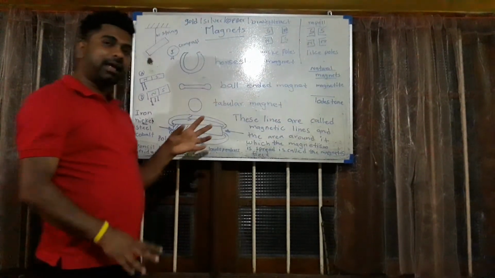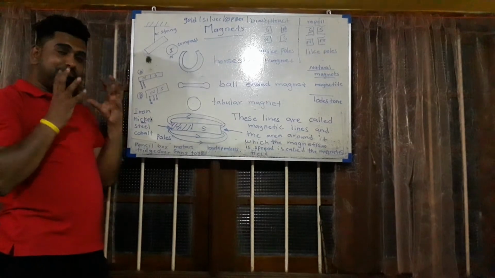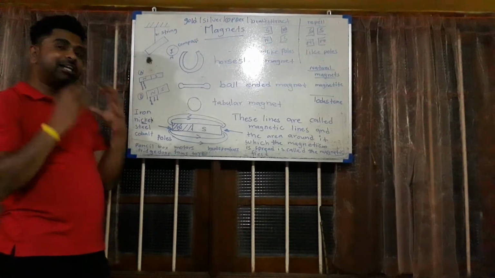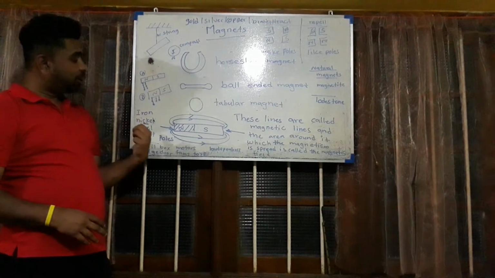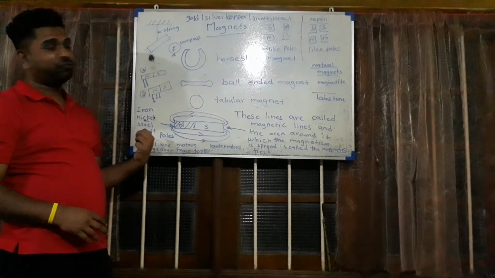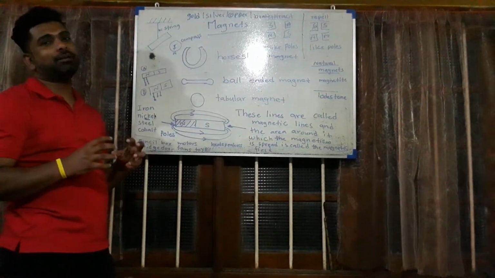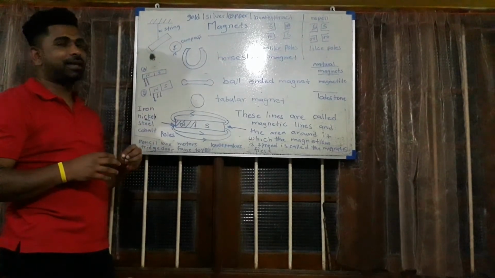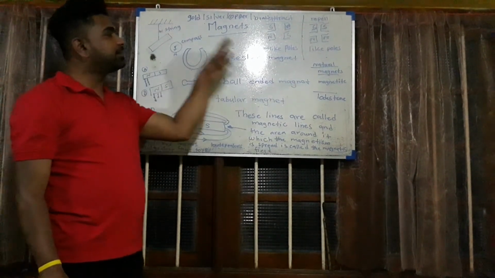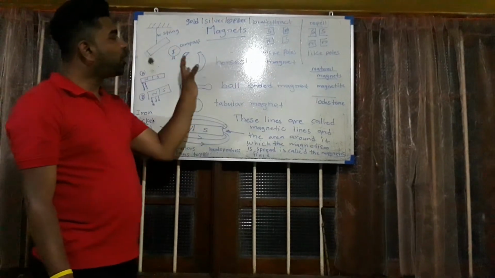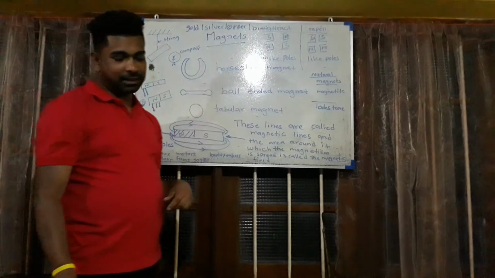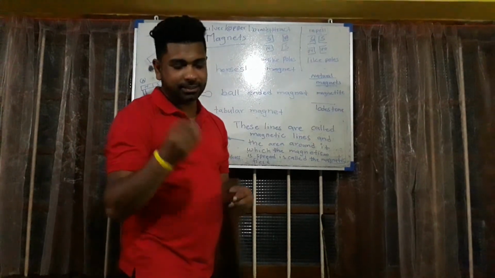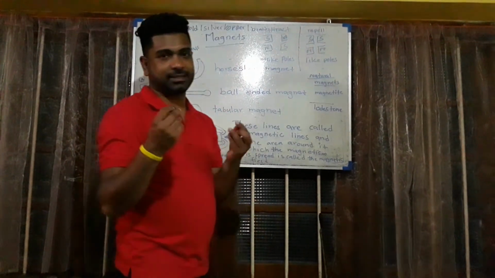But man has made man-made magnets or artificial magnets using iron, nickel, steel, cobalt, right? So there are various types of magnets: horseshoe magnet, ball-ended magnet, tabular magnet, U magnet, and ring magnet, right?